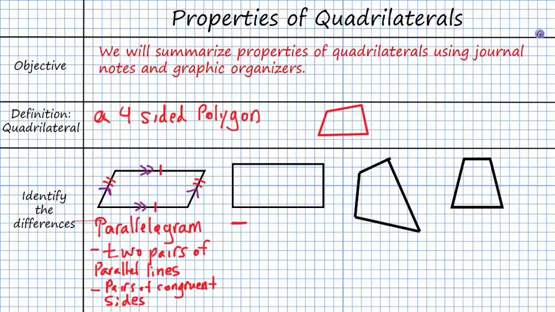So our next figure, we notice, has all those same things, right? It has two pairs of parallel sides, and those pairs of parallel sides are also congruent, but this appears to be different, right? These two shapes definitely are different, and we know that this is called a rectangle.